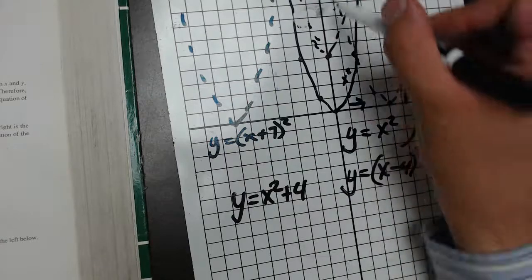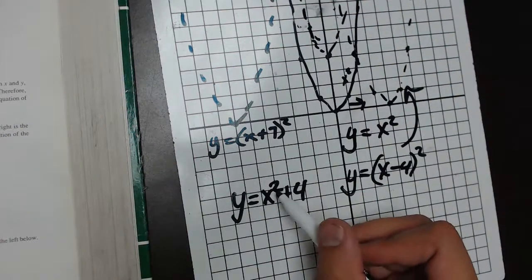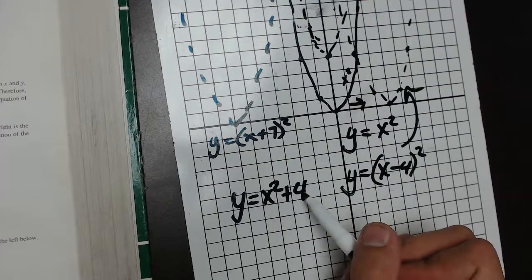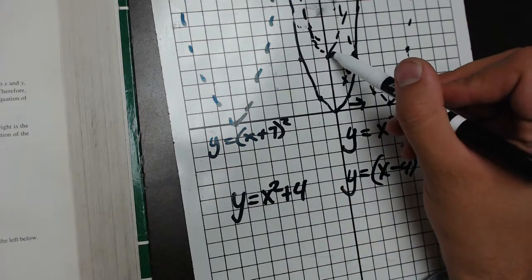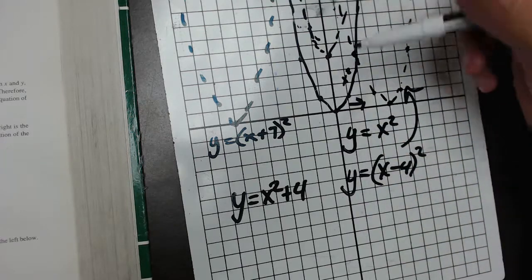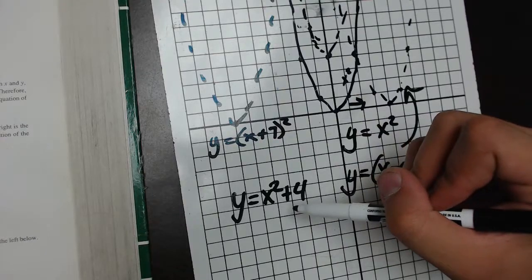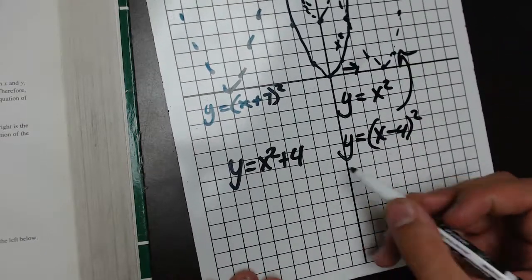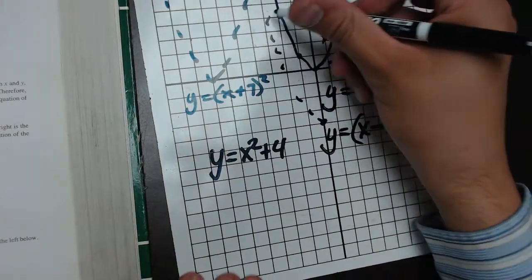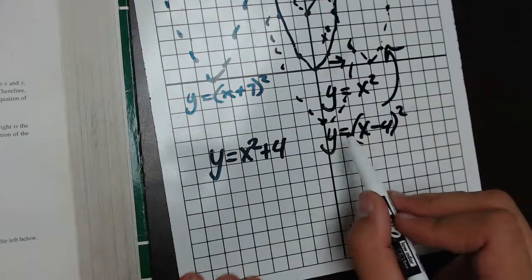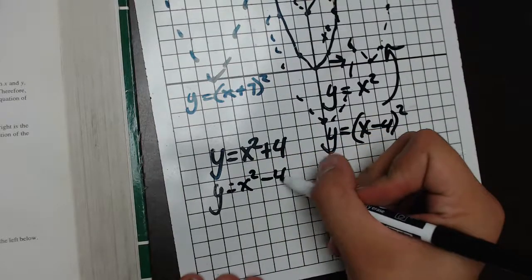If x is 0, which it has to be on that spot, then y will still be 4, because 0 plus 4 gives me y of 4, and that's exactly what I'm going for. So to move up and down, you'll notice I didn't have to change the sign; it was the same. Now if I wanted to move down 4, say if I wanted it to start all the way down here, and I wanted that to be where my function goes, that would be y = x² − 4.